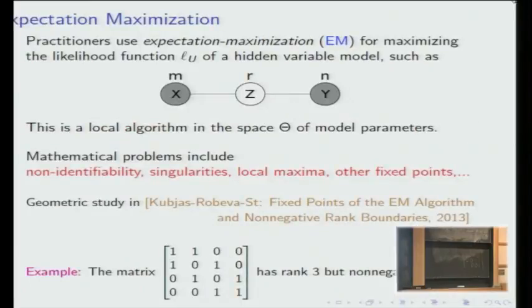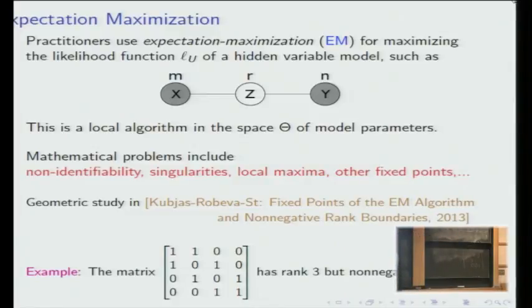Let me close with a few words about what statisticians actually do. So we have this nice theory of maximum likelihood degree, but unfortunately that's far from what practitioners actually do. And for one reason, what do statisticians actually do? They use local hill climbing methods, in particular the EM algorithm, the expectation maximization algorithm, to maximize the likelihood function in these kind of models.